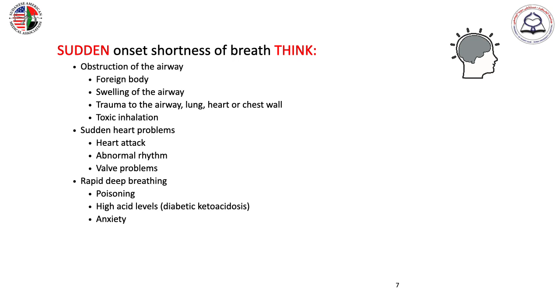Arrhythmia and acute exacerbation of valvular disease can precipitate acute pulmonary edema. Rapid onset, rapid and deep breathing, what we call Kussmaul breathing, can happen because of acidosis. That can be due to diabetic ketoacidosis or poisoning, and rapid shallow breathing can also happen with anxiety.